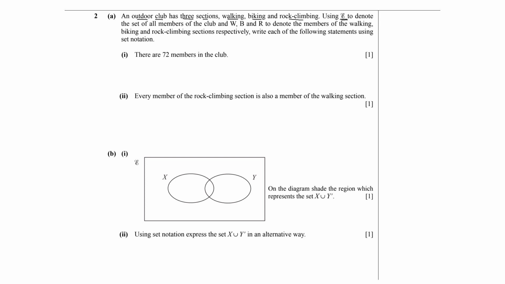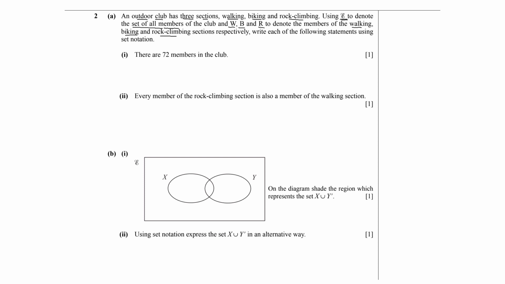Using the universal set notation E to denote the set of all members of the club, and the symbol W for walking, B for biking and R for rock climbing, we have to write each of the following statements using set notations. The question has given us some information that we have to write using mathematical set notation or symbols.